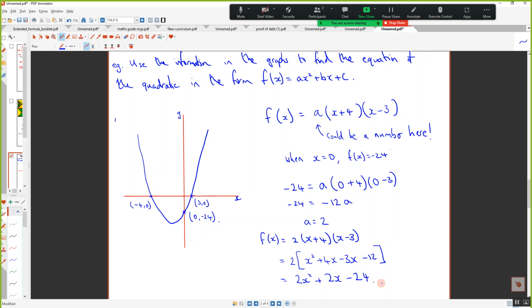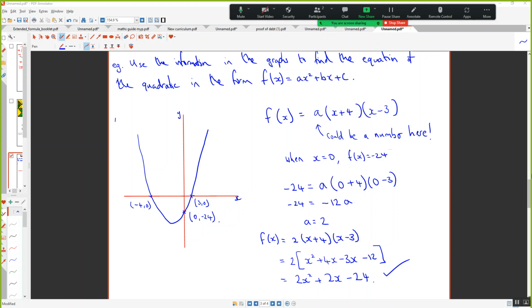So that's what we do if we are given what the roots are, okay?